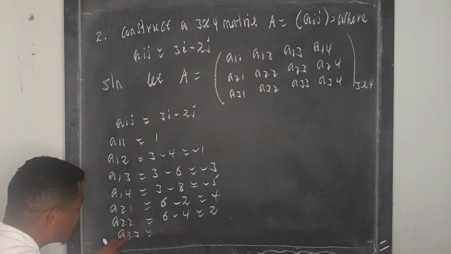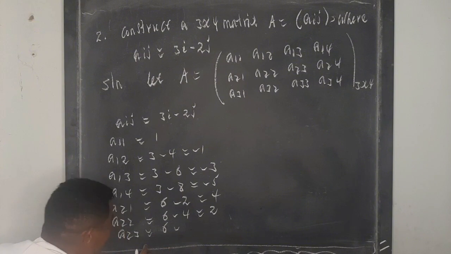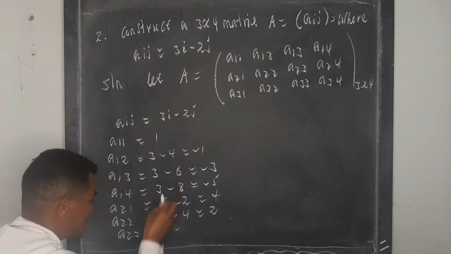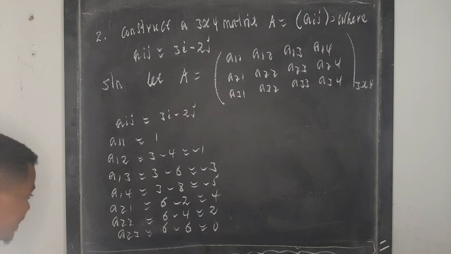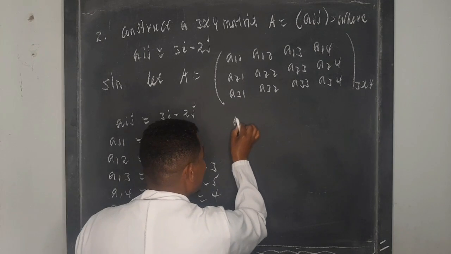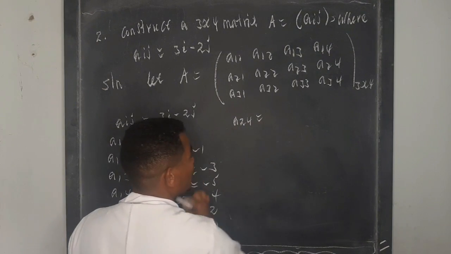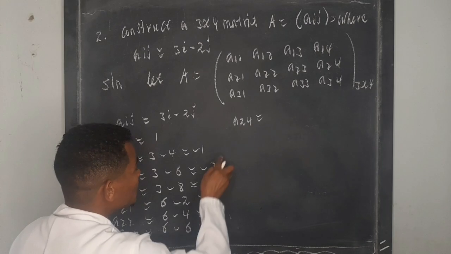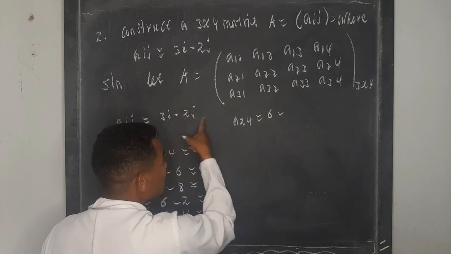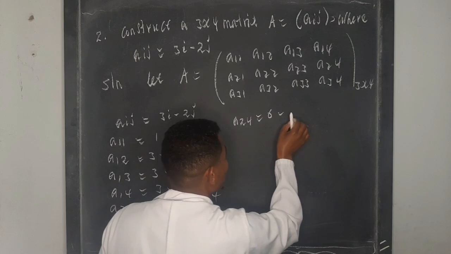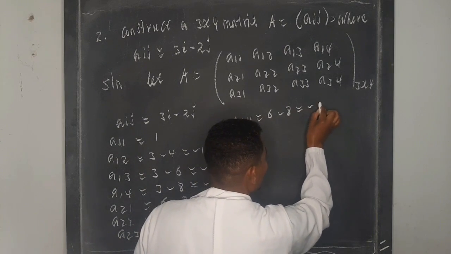a23 means 3 times 2 is 6, 6 minus 3 times 2 is 6, which is 0. The next one is a24. a24 is equal to 3 times 2 is 6 minus 4 times 2 is 8, so that is minus 2.